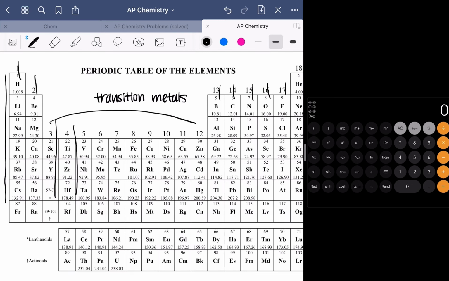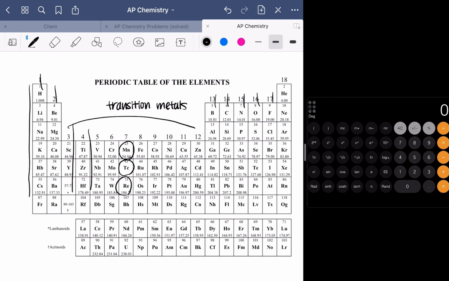For example, this could have a charge, and this could have another charge, and this could also have another charge. But other than the transition metals, they all have the same charge by which group they are in.